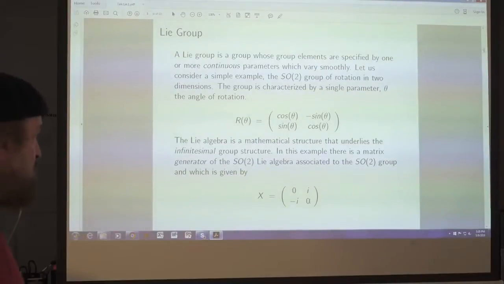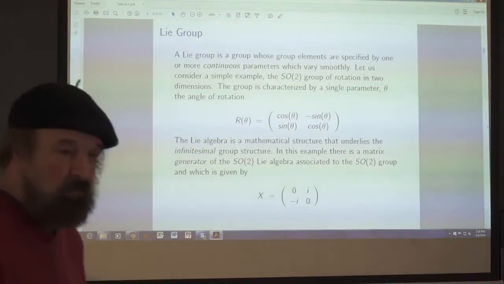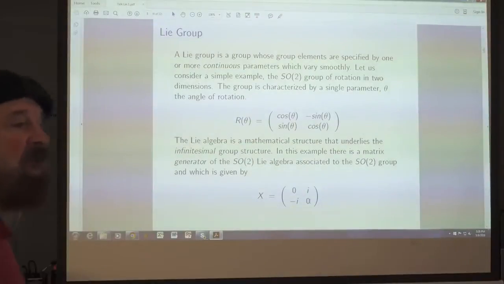Now, a matrix is Hermitian in this case because you see that minus i is the complex conjugate of i, and i is the complex conjugate of minus i. So when you look at the main diagonal, you'll see that these elements are the complex conjugates of each other. So in this case, this matrix is Hermitian. Are you familiar with this, Fang?